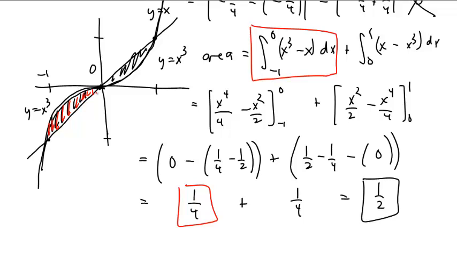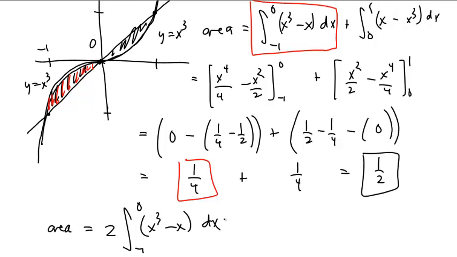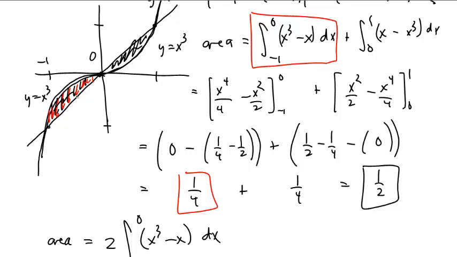Now, if you could somehow convince yourself and me that it was immediately clear that this and this had exactly the same area, and there are ways of doing that, then you could have said that the area was just 2 times the integral from negative 1 to 0 of x cubed minus x dx. If you're so sure that this area is exactly the same as this one, find one of them and double it. That is a possibility.